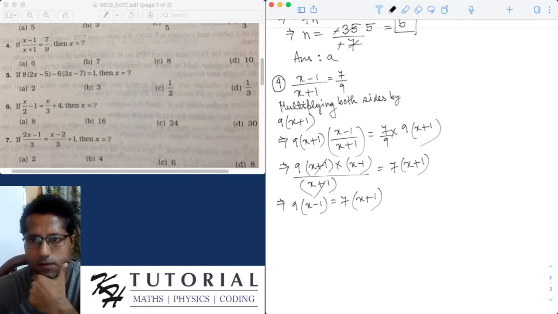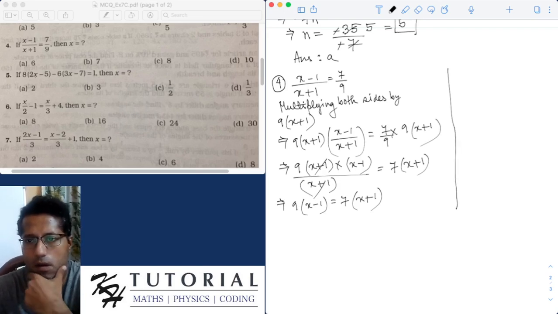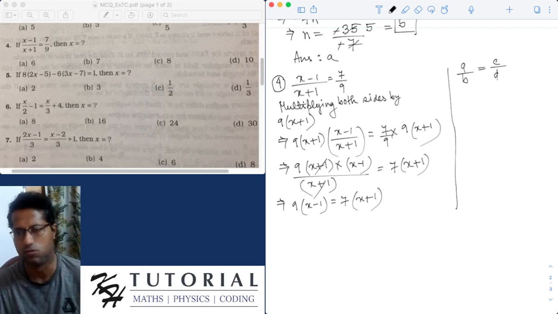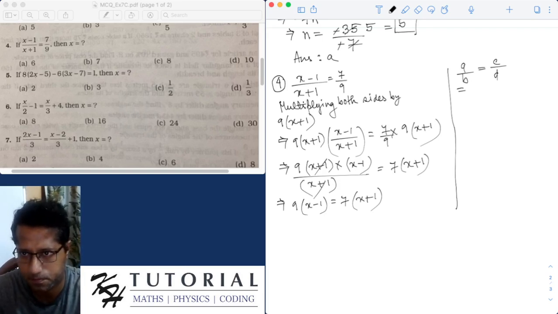Now one thing I will tell: you might be familiar with solving this kind of problem by doing cross product. You have learned in the chapter on rational numbers, or maybe fractions, that if two rational numbers a by b equals c by d, this implies you do the cross product and the cross products are also the same. So a into d equals b into c.